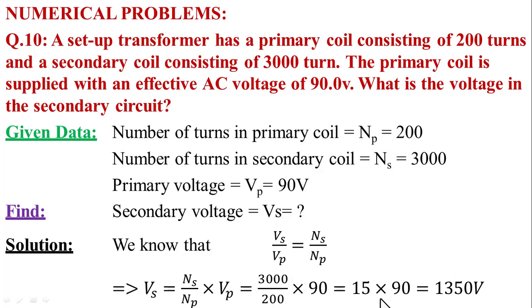So 15 multiplied by 90 is equal to 1350 volt. Then the secondary voltage Vs is equal to 1350 volt.